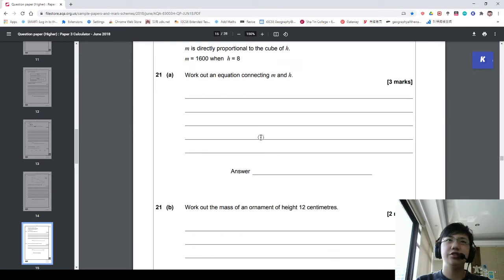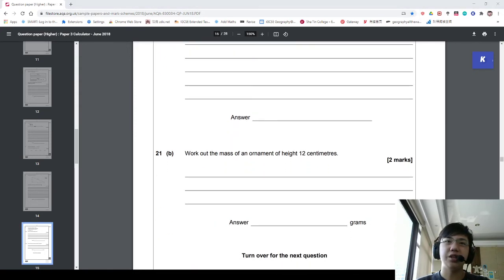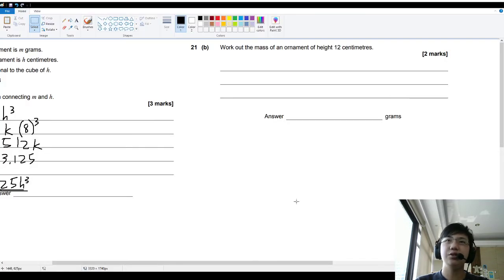Moving on to question 21, part B, we need to work out the mass of an ornament of height 12 centimeters. And we need to answer this in grams. So we can use the equation we obtained from question 21A and use that on question 21B.